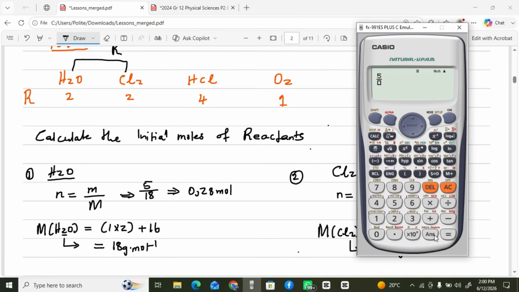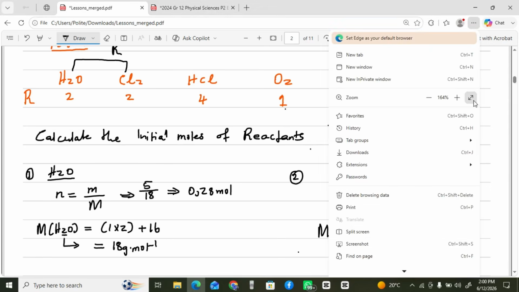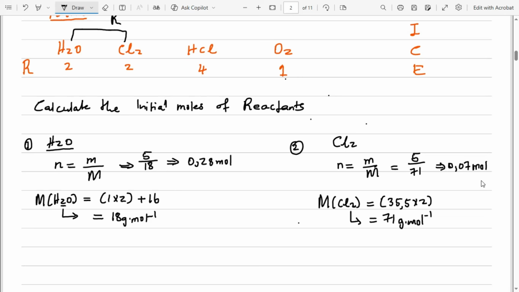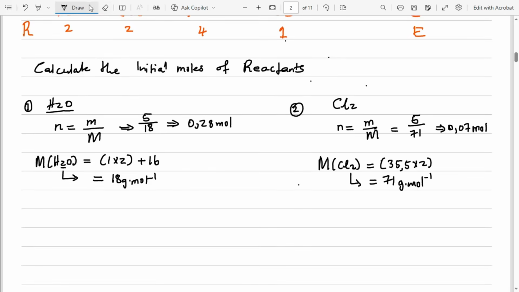5 divided by 71, that is 0.07. If I round it off, 0.07 mole. Okay, so now remember, we just did what we call massive calculations here, and we have the number of moles of H2O initially to be 0.28.